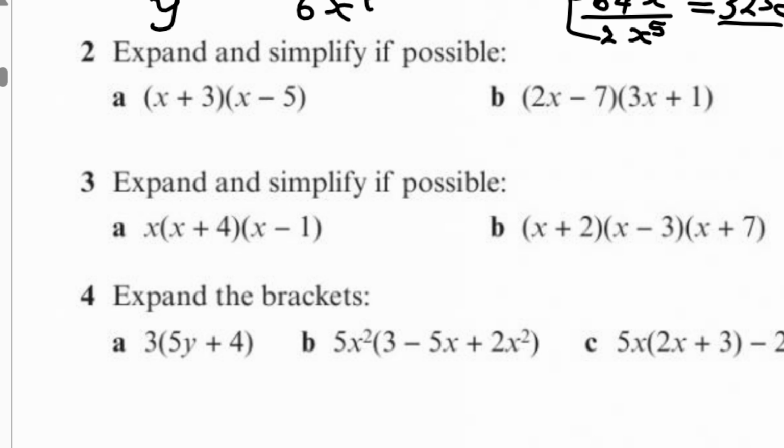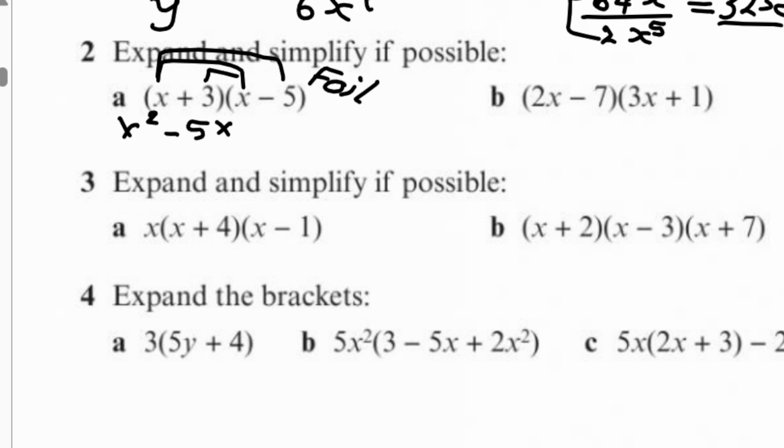Now, part B, expand and simplify. The first one, we use FOIL. Front, outside, inside, last. So front, x times x is x squared. X times negative 5 is minus 5x.